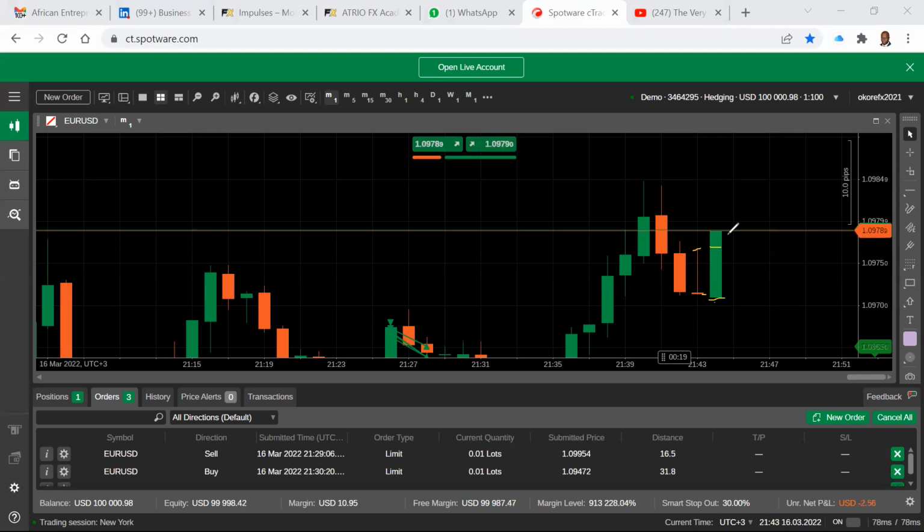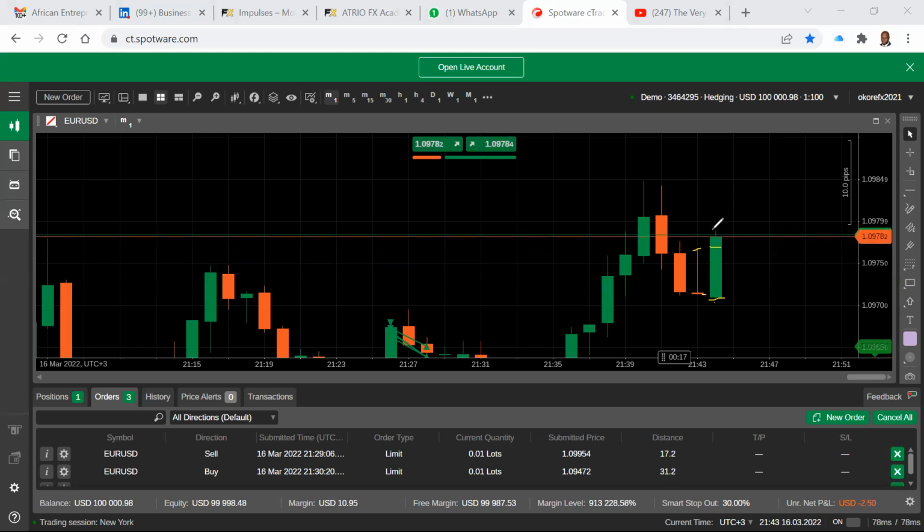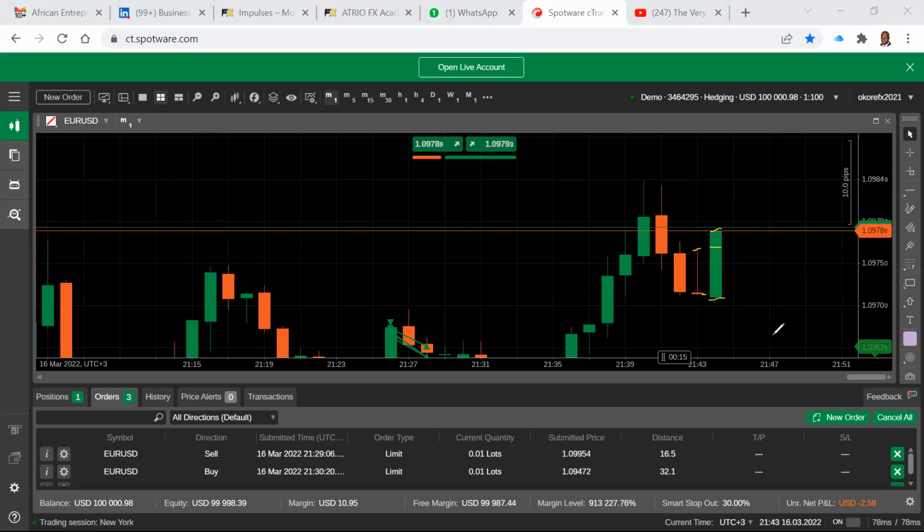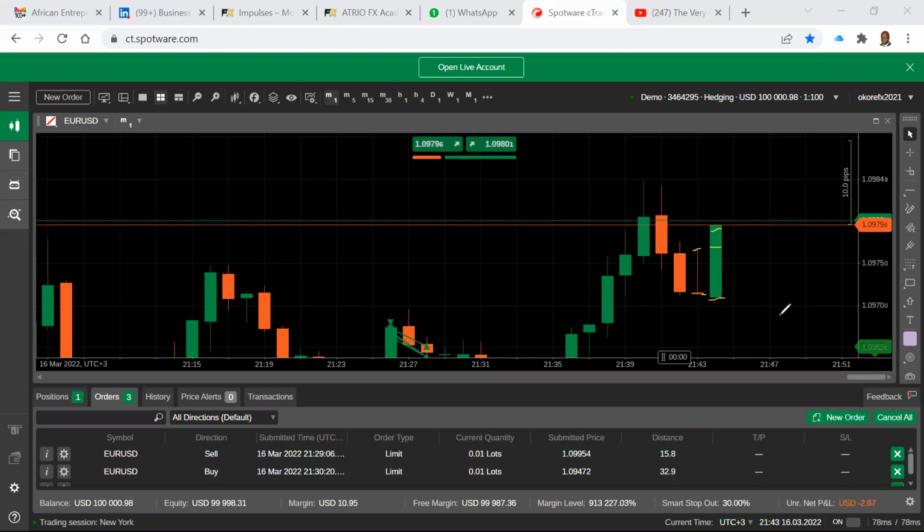See, now it's gone up again. It's forming a new high. Still going up. Forming a new high. Still going. That's formed a new high.